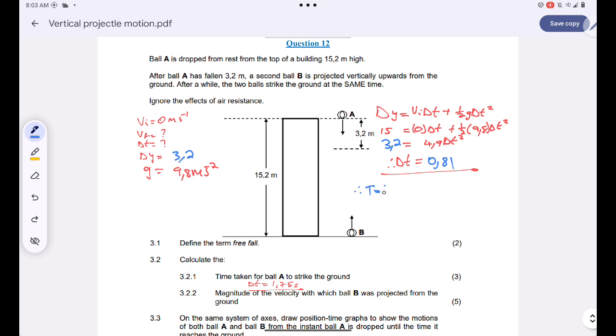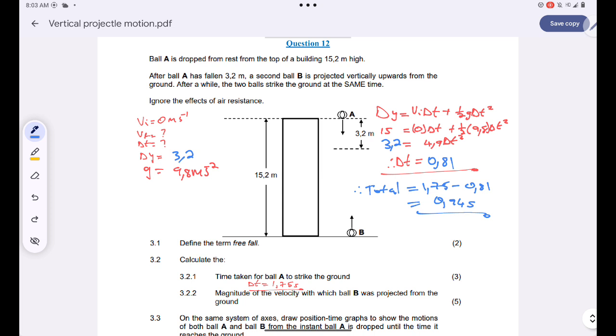Therefore the total time for ball B to be in the air is 1.75 minus 0.81, that's 0.94 seconds.